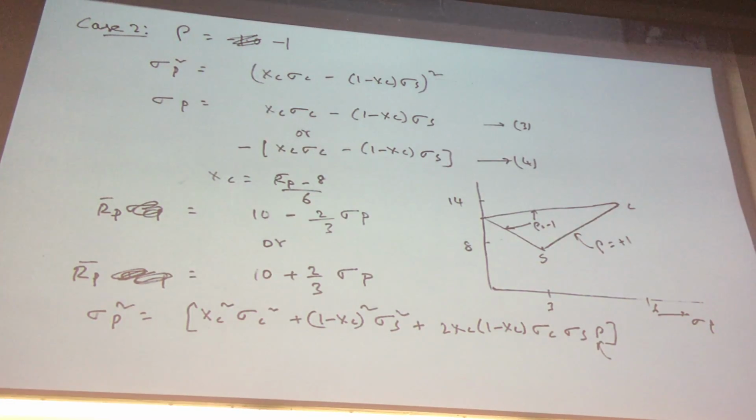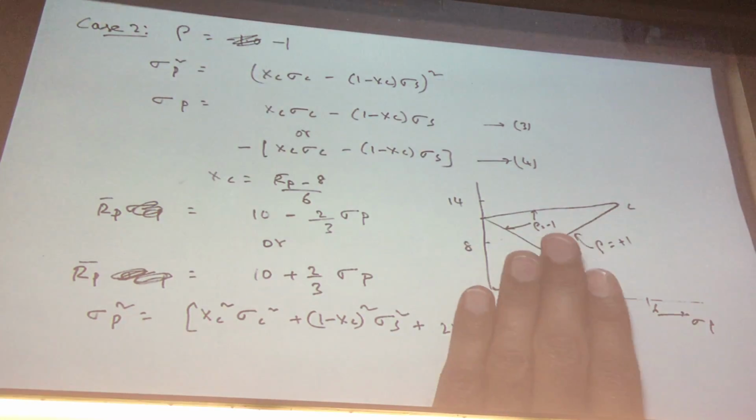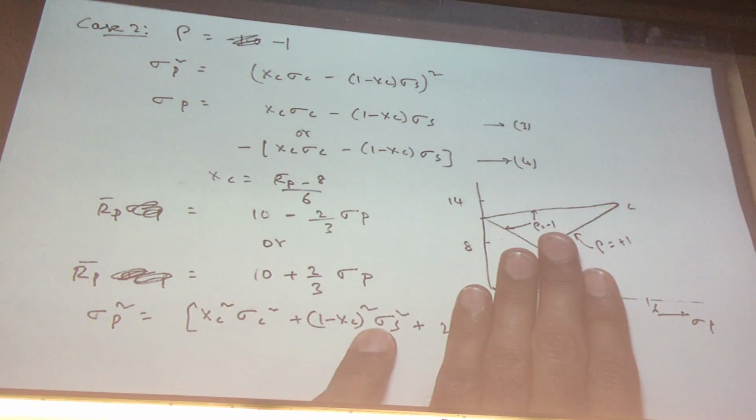Correlation is -1? Is it going to be negative? Okay. No, my question is basically, when do you find the maximum possible sigma p square for the given xc values? If rho equals +1, anyway these first two terms are plus.